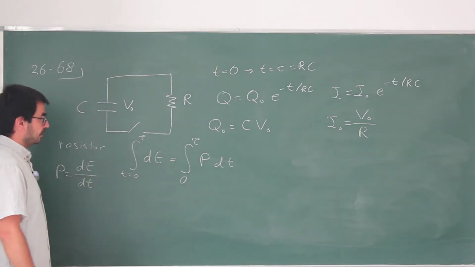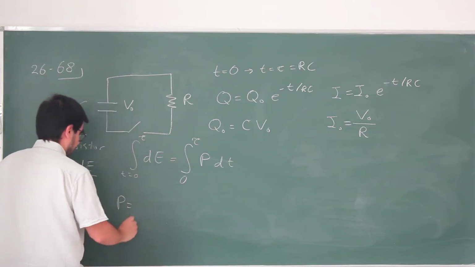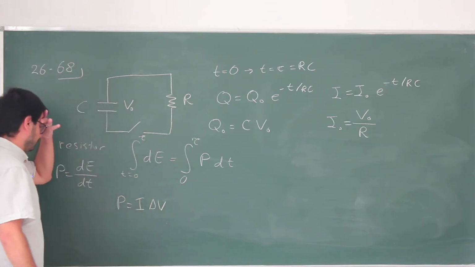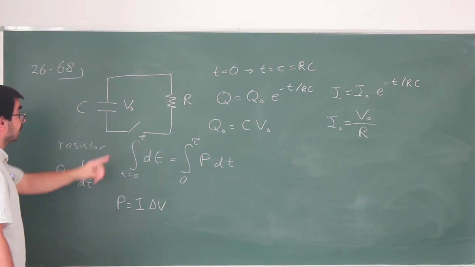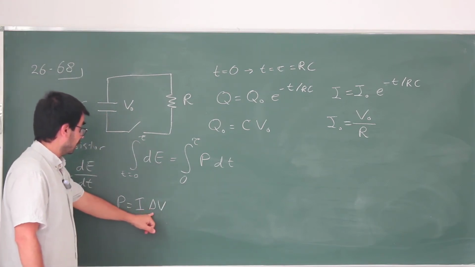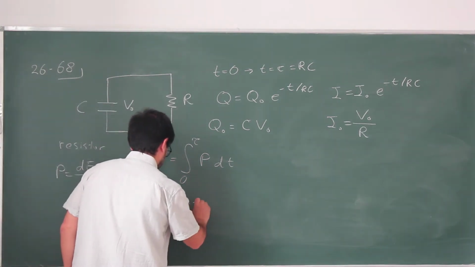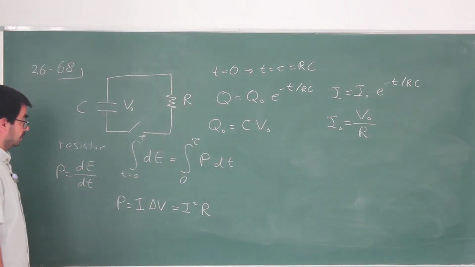Okay? And the power for resistive circuits is I times delta V. This is not very useful because both of these are changing. Let's write this in terms of current and resistance. So this is going to be I squared times R. So I can actually get an expression for power.